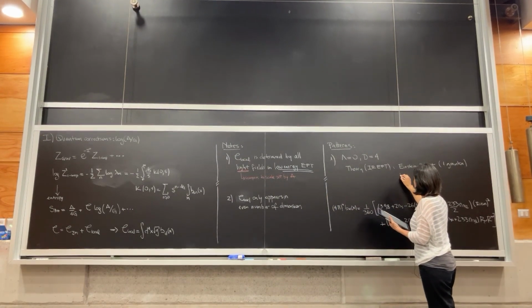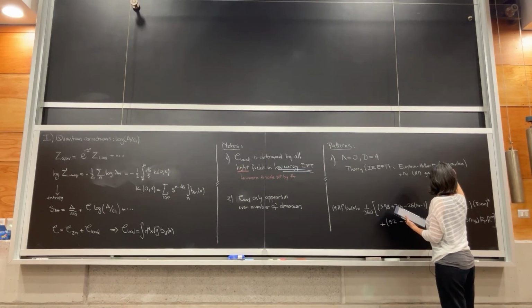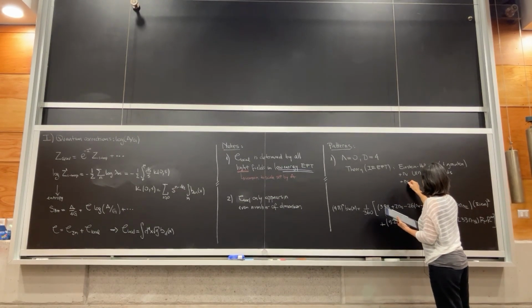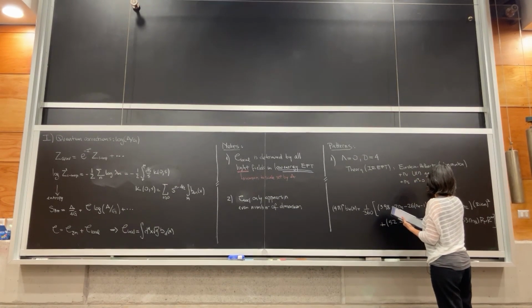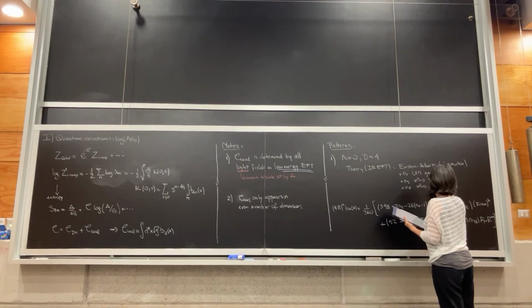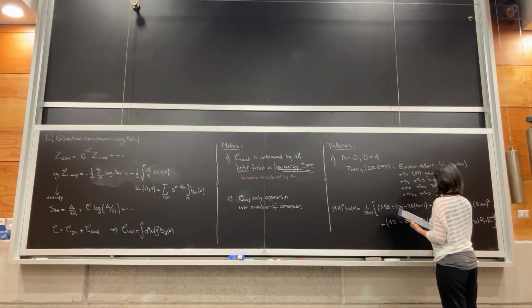And then I'm going to add to it some number of U1 gauge fields and NS number of massless scalars, massless Dirac fermions, and massless gravitinos, spin 3/2. Okay?